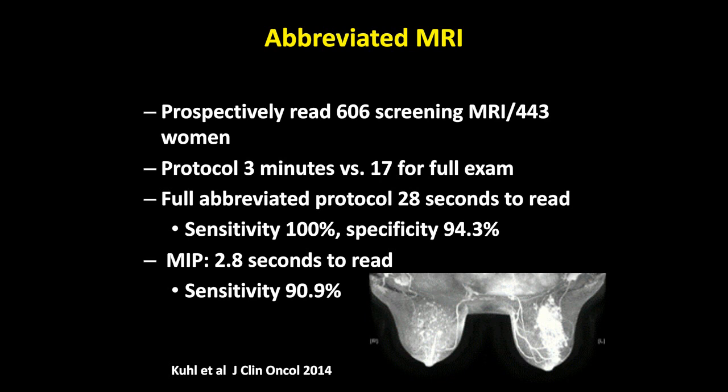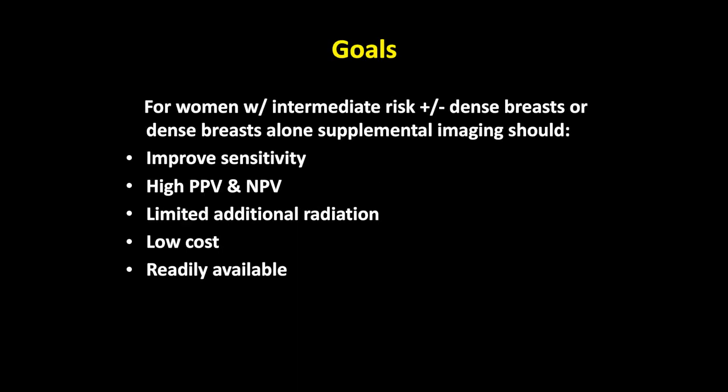And even just reading this MIP image took 2.8 seconds to read, and in their hands, a sensitivity of 91%, far superior to mammography in women with dense breasts. However, this still will not make screening available to all women.